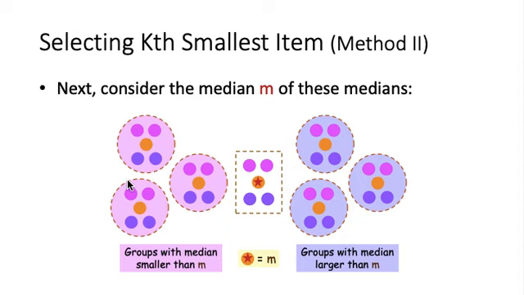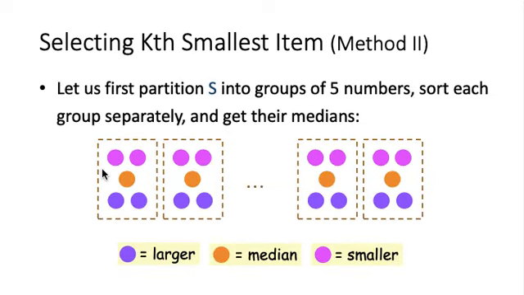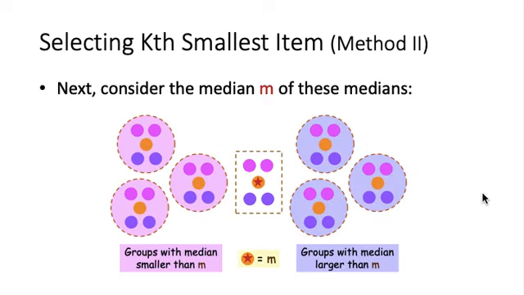And then let us consider the median of these medians. Here we will have a lot of medians. How many medians are there? There are n over 5 groups, so altogether there are n over 5 medians. Among all these n over 5 medians, we want to find which one stands in the middle.